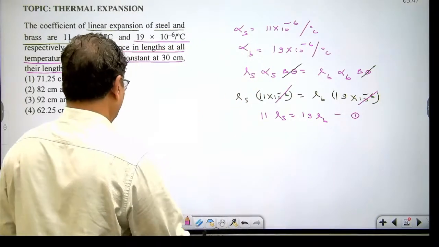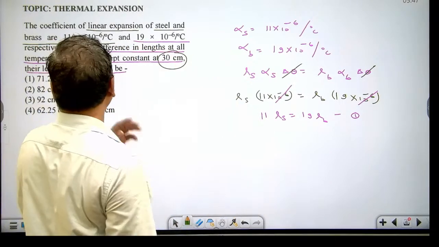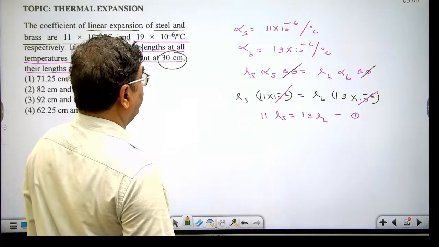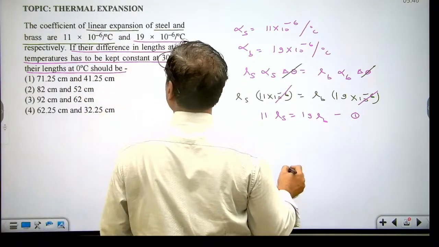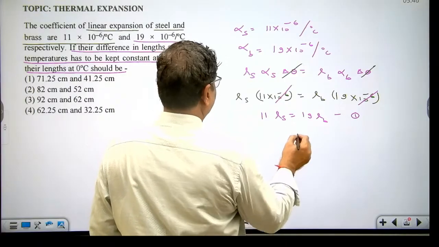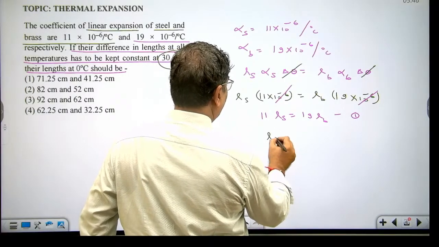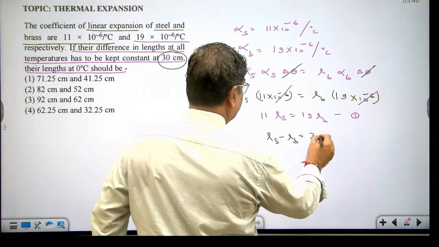And now the difference of length should be 30 centimeter. Okay. Now we can say LS minus LB should be 30 centimeter.